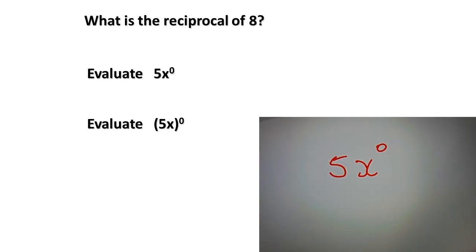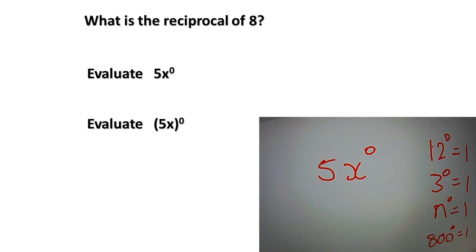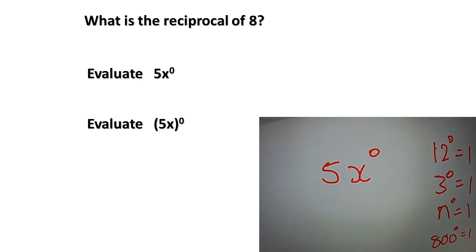Anything raised to the power 0, so let's just start. What is 12 raised to the power 0? It's 1. 3 raised to the power 0 is 1. n to the power 0 is 1. 800 raised to the power 0 is 1. So anything raised to the power 0 is 1.